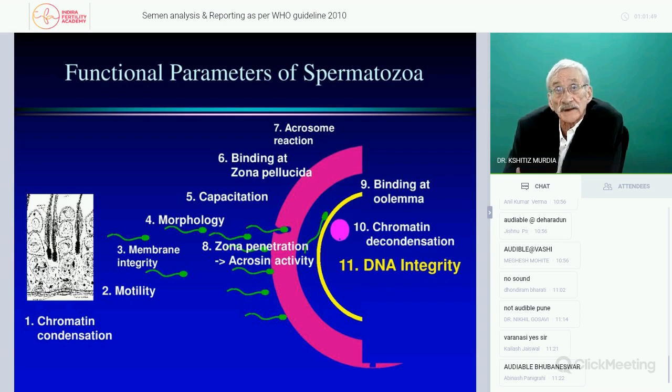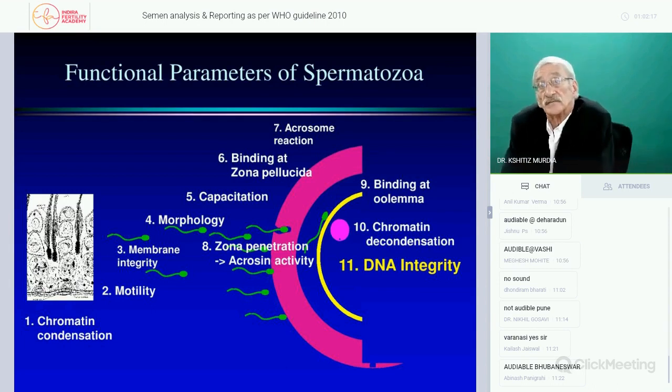Morphology is important, capacitation should take place, zona binding should take place, acrosome reaction should be timed, zona penetration after acrosome reaction is caused by the acrosin activity, binding to the oolemma, inducing the cortical granule reaction, and then we have chromatin decondensation and the forming of your embryo precursors.